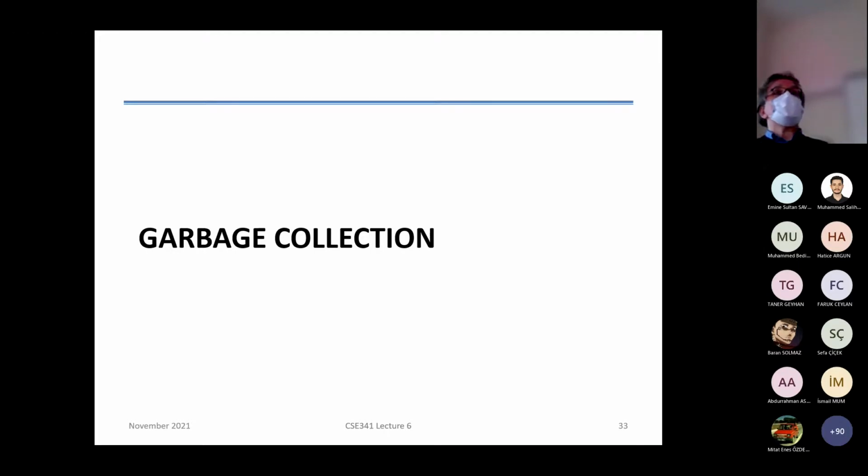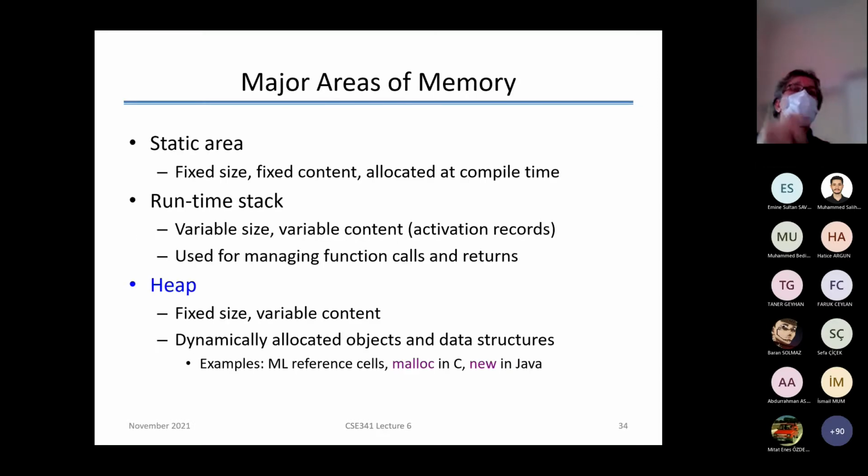In this context, we are going to discuss garbage collection. Garbage collection is usually not seen as a language feature, but it is an important thing to know anyway, so we discuss it here. If you recall, we discussed the major areas of memory. The static area: fixed size, fixed content, allocated at compile time.